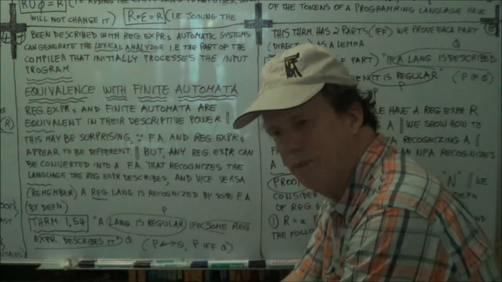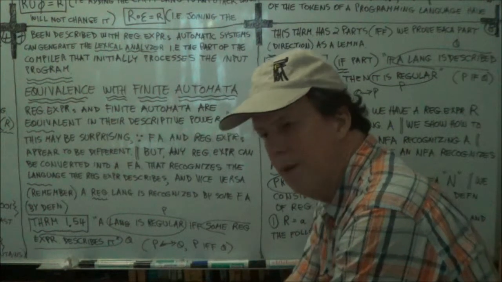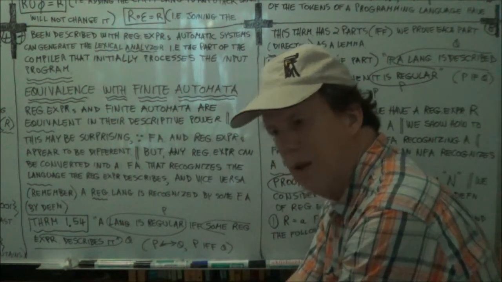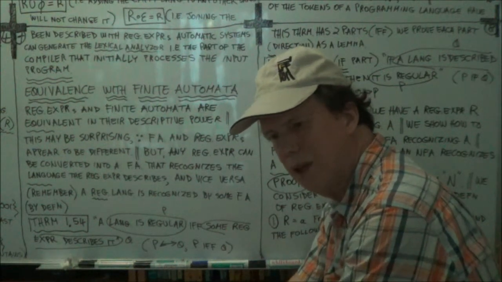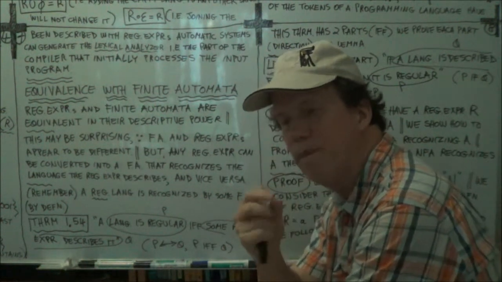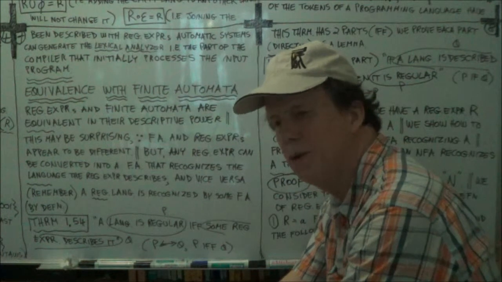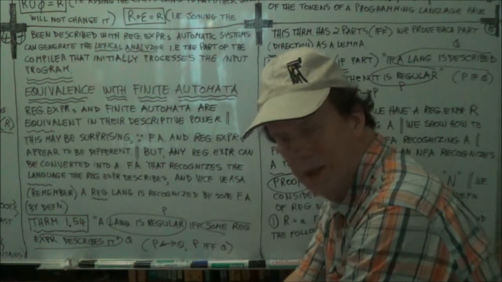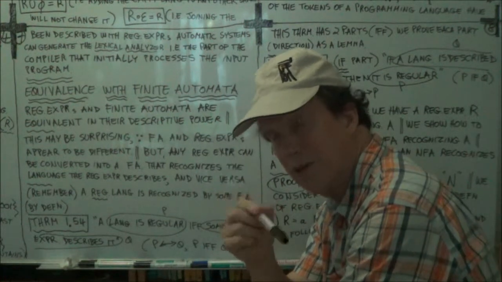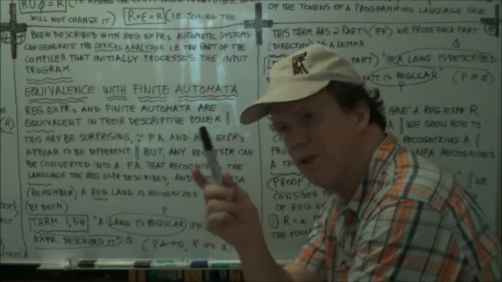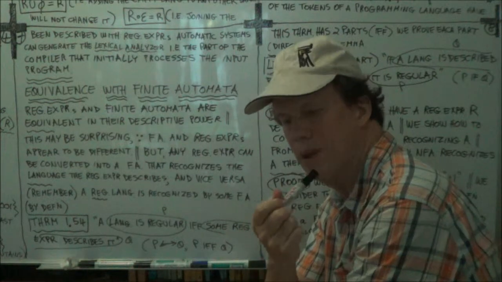I'll try to make it plausible that they are equivalent. A finite automaton, what's it doing? Well, it's recognizing a language. In other words, it's accepting all the strings in that language. And it's the word language that's the critical thing. That's what's in common between the two. That's what creates the equivalence between the two.